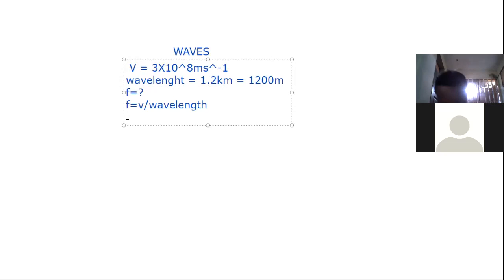The distance between successive crests of the wave is 50 cm. Calculate the frequency of the wave.